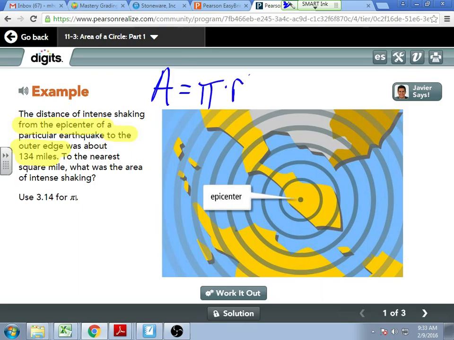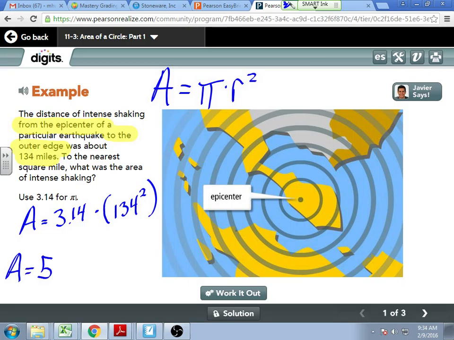Always start by writing pi r squared. The more you write it, the more you'll remember it. And then I'm told to use 3.14 for pi. My radius was 134, and I need to square that first. We're going to get a large answer here, because 134 squared is 17,956. Then 56,381.84.